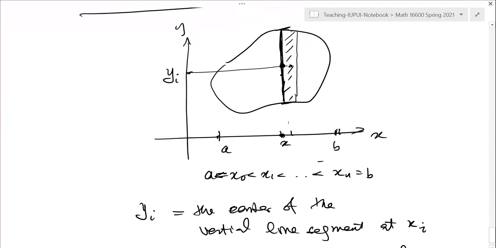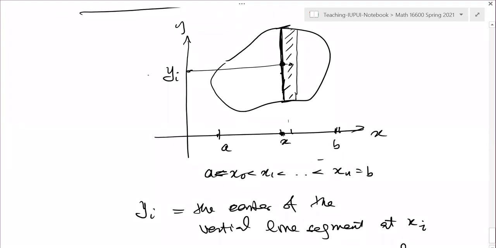If we collapse this piece, how heavy is this piece? The weight of this piece is mi. It's about rho xi delta xi. So that piece collapsed to here.